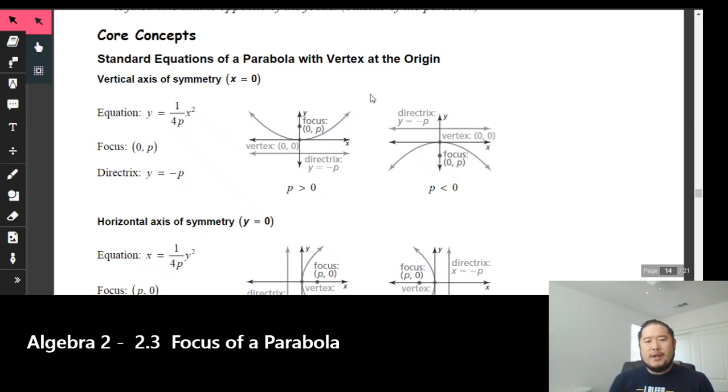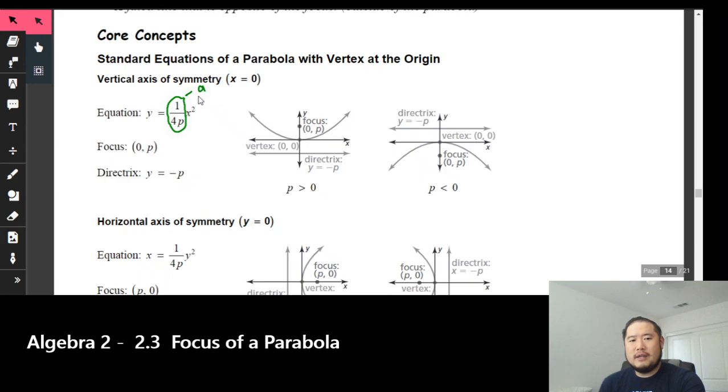Now, one thing to note though is this 1 over 4p. This 1 over 4p is actually in the same location as what variable before, or which term? Hopefully, you thought to yourself, it is the a term. Right in front of the x squared has always been the a term.